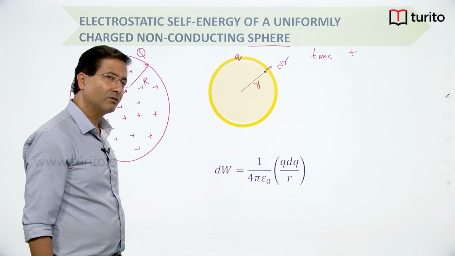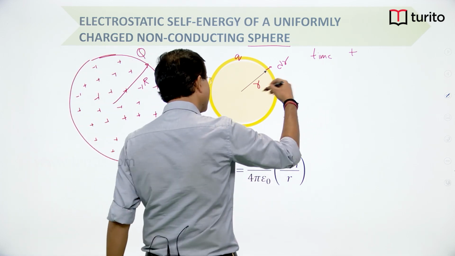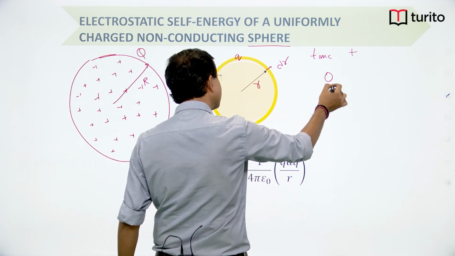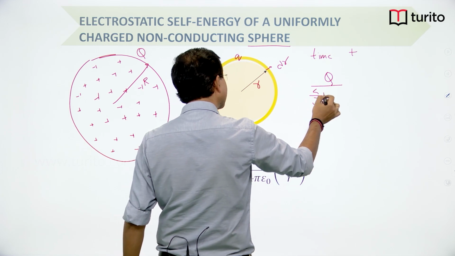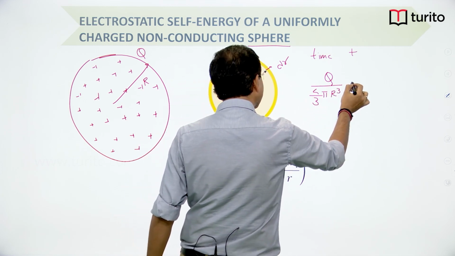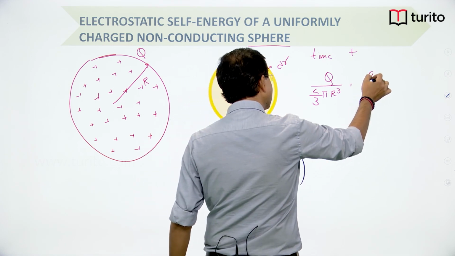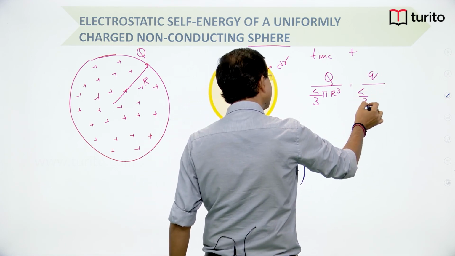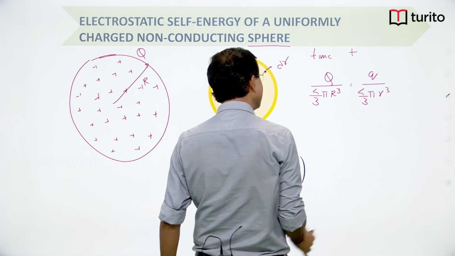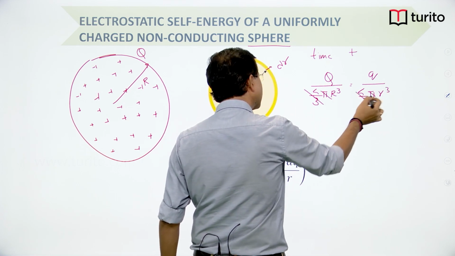The relation I can find out, because I know that the density should remain the same, so Q upon 4 by 3 pi R cube must be equal to small q upon 4 by 3 pi r cube, right. These two will get cancelled out.